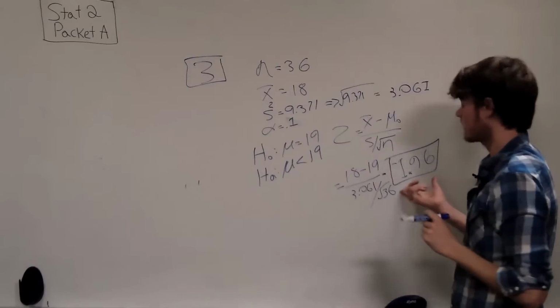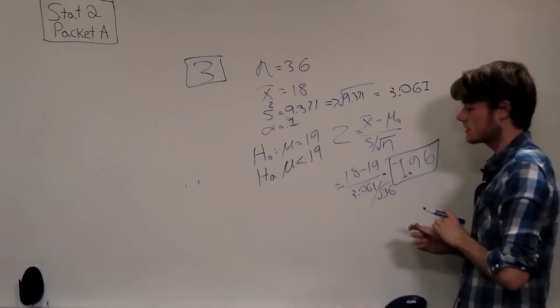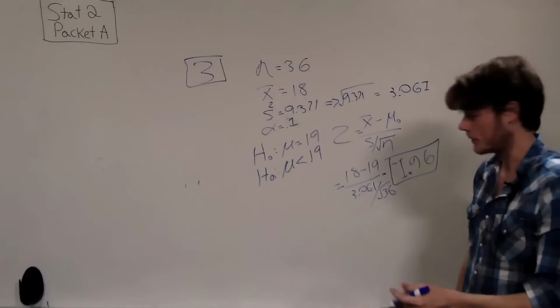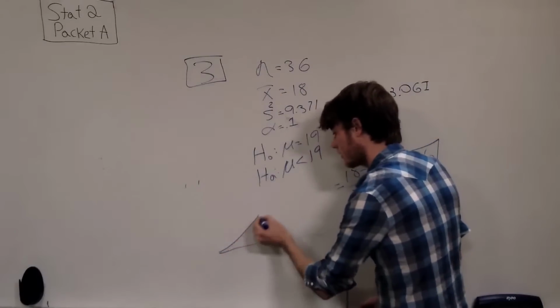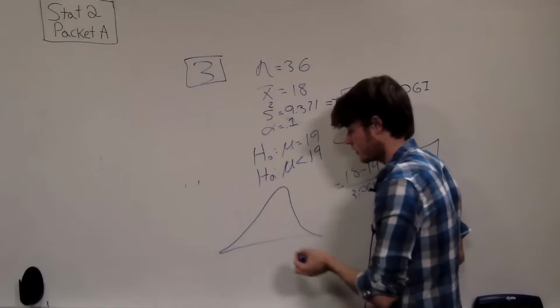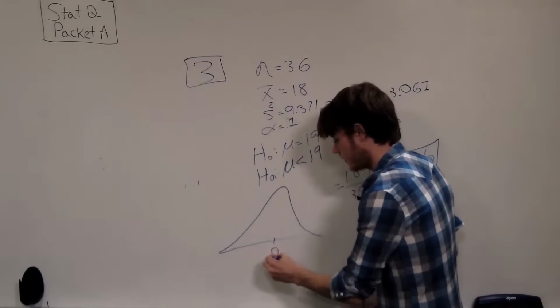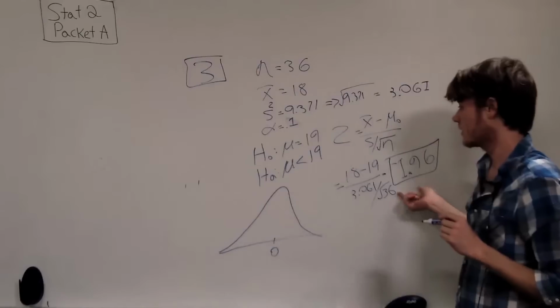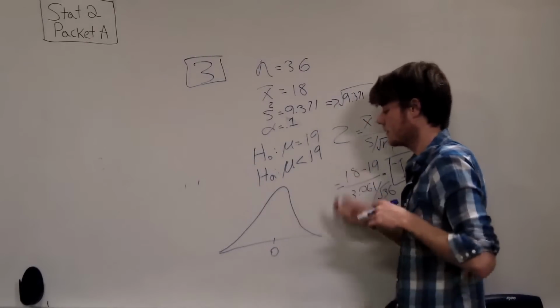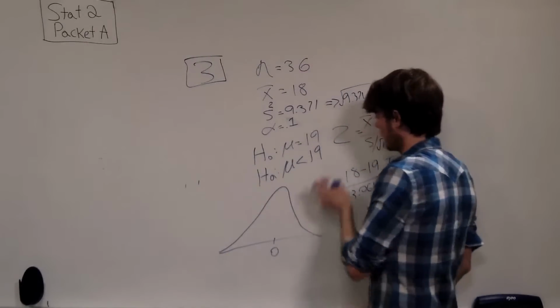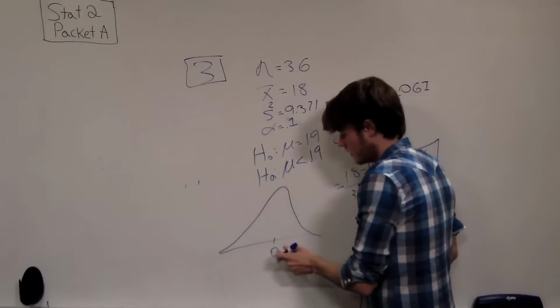Again, this is not a probability. This is a z-statistic that we use to find a probability. A z-statistic starts at 0 because z is normally distributed with a mean of 0 and a standard deviation of 1, like our z score.